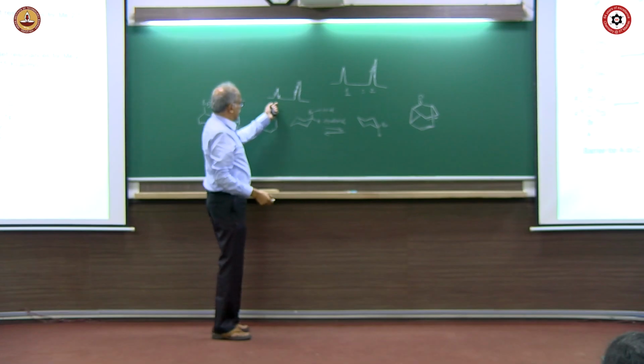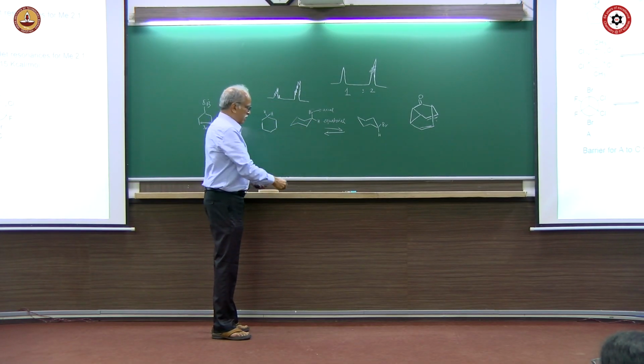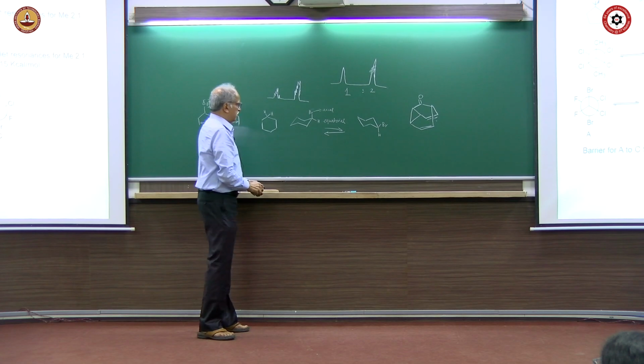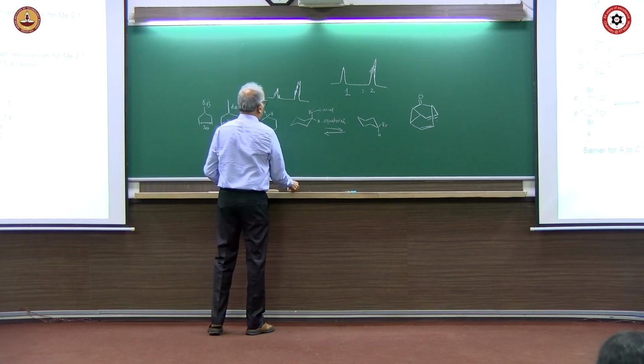I am putting it as a multiplet here because of the adjacent hydrogen which is going to split the hydrogen under observation. So if you see a spectrum like this, you can integrate the spectrum.